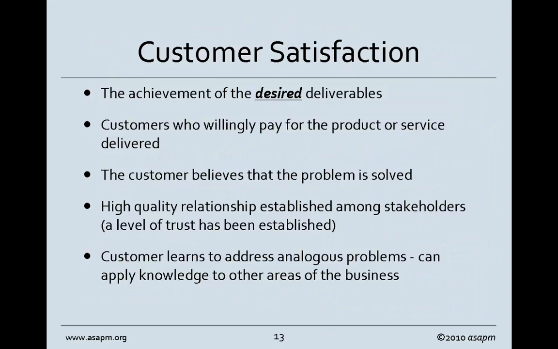Okay, we're looking at customer satisfaction, and the underlying word there is desired deliverables. In past experiences that I've had, we've talked about something called ready, aim, fire, and then basically we would have a plan in place, and we go off to what would be called the planned result. And sometimes the planned result is not actually what the customer really, truly wanted.